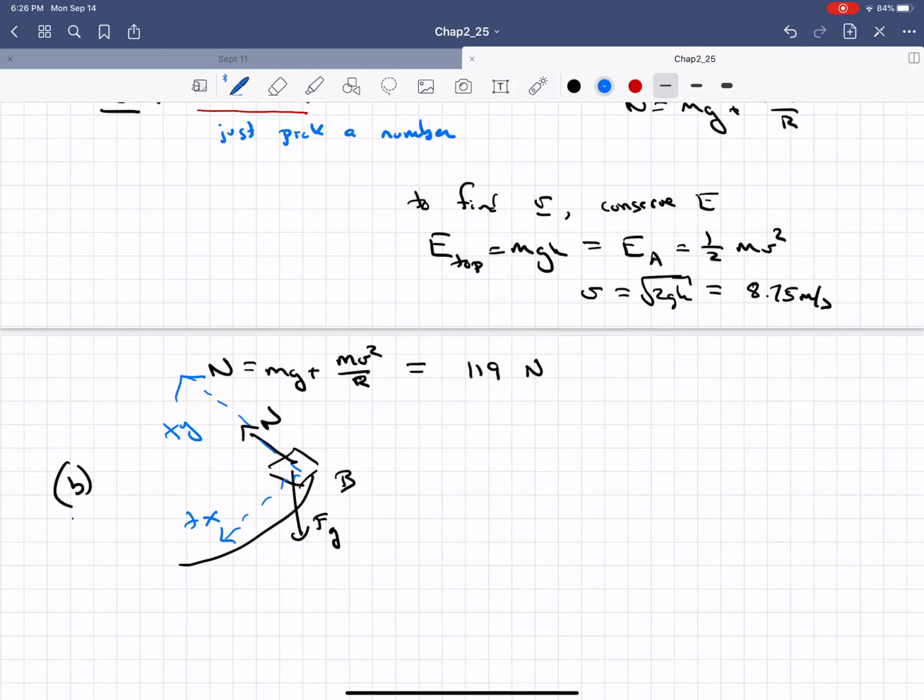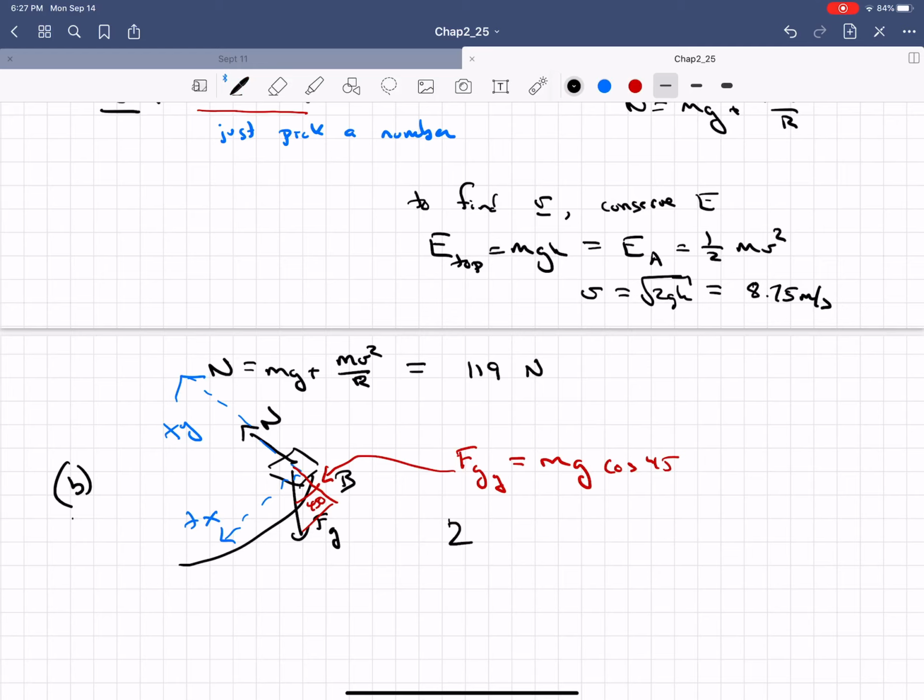But now the force of gravity doesn't have all of its component pointing in the y direction. So my y direction is now perpendicular to, say, the ramp jump point here, and this angle is 45 degrees. Then the force of gravity would have a y component equal to mg cosine of 45, because the y component is this component on this side over here.